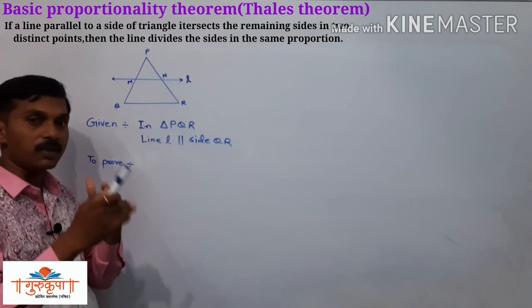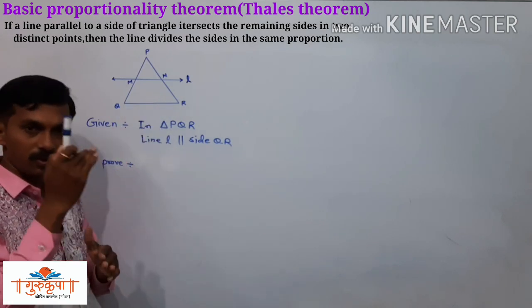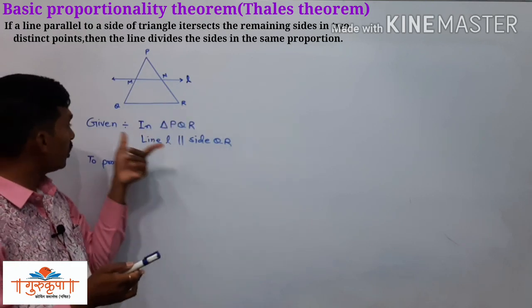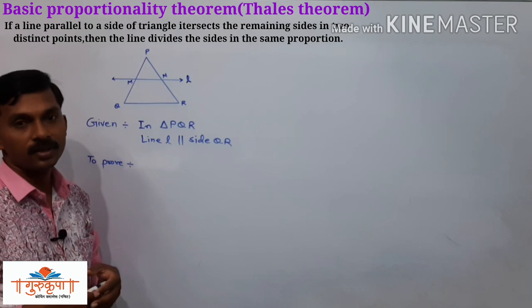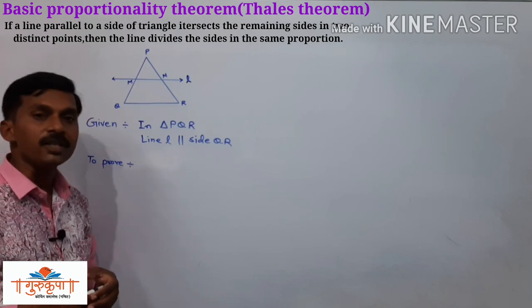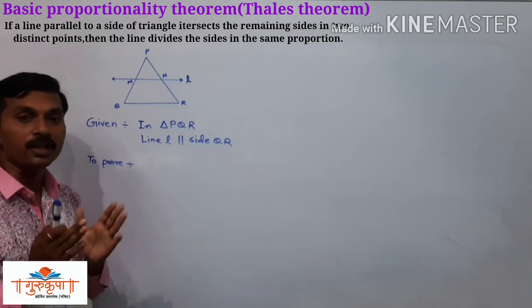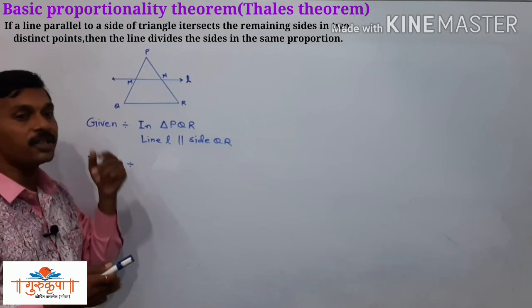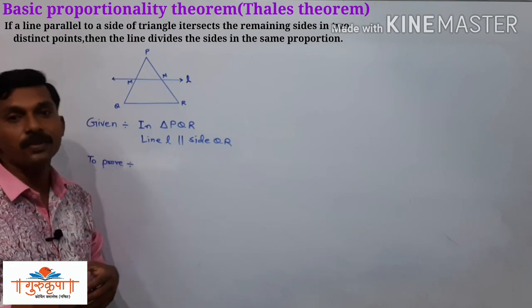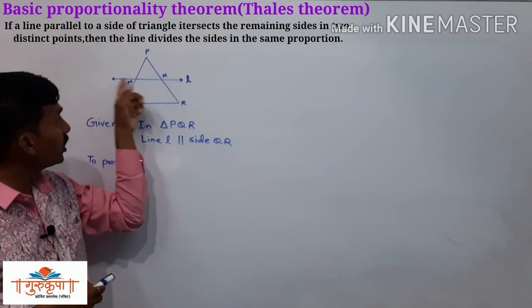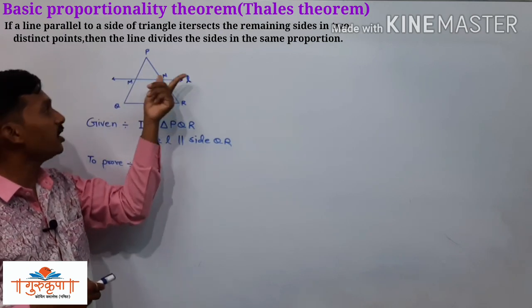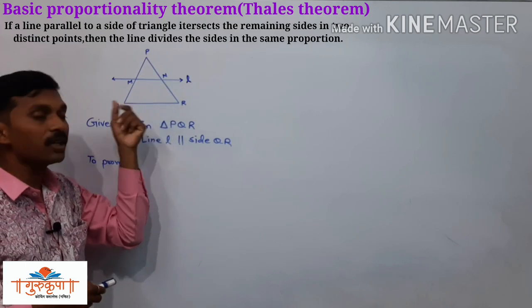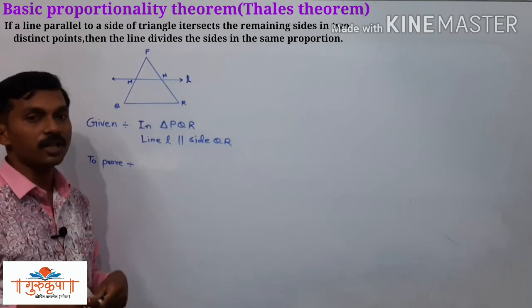The statement after 'if' is called the given information, or the antecedent. Here it is given that line L is parallel to the side QR.